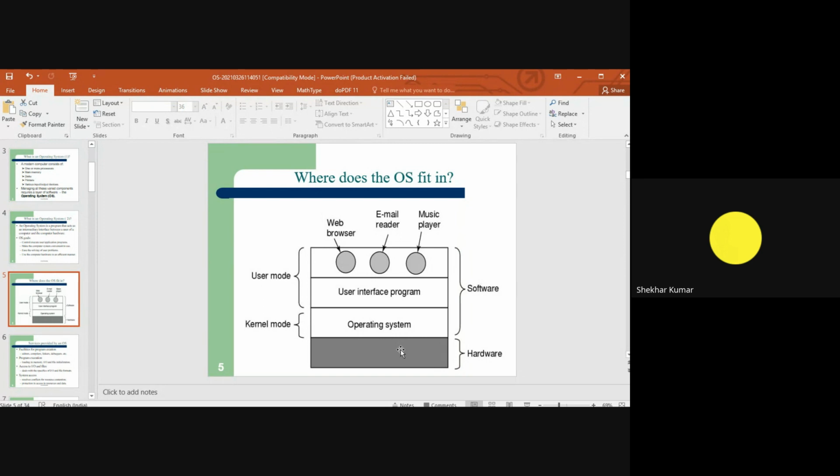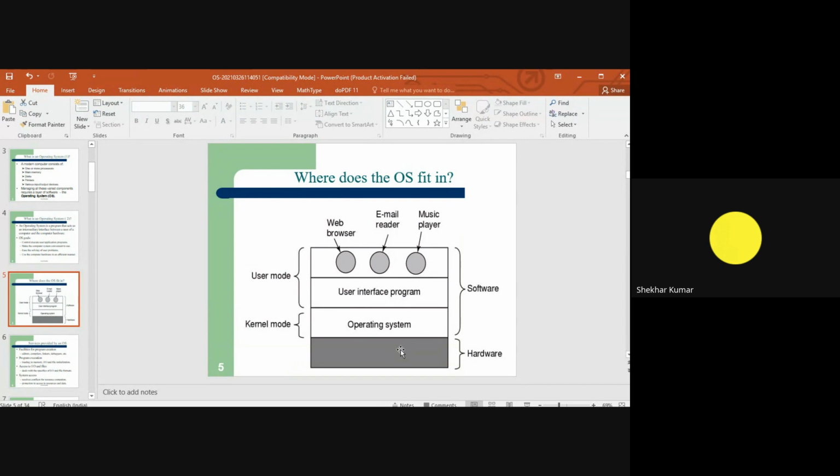The user in the batch operating system never directly interacts with the computer. So in this type of operating system, there is a requirement of a coordinator between machine and user also.